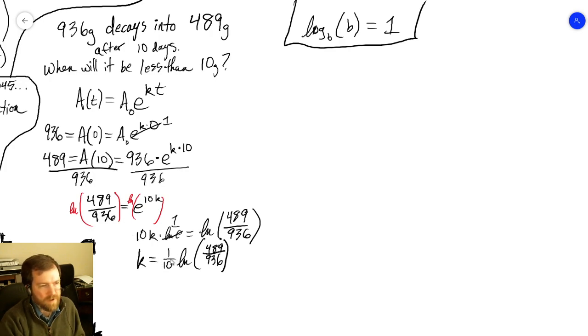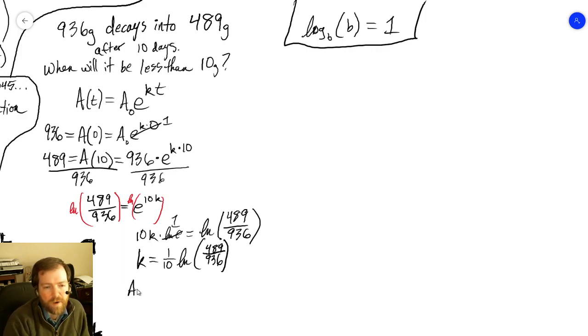The 1/10 here has to be knocked up inside the argument of the natural log, which then is going to make it 489 over 936 to the 1/10 power, or take the 10th root of 489 over 936, and that's your new base. So it depends on what you like. I don't like doing that, just generally.